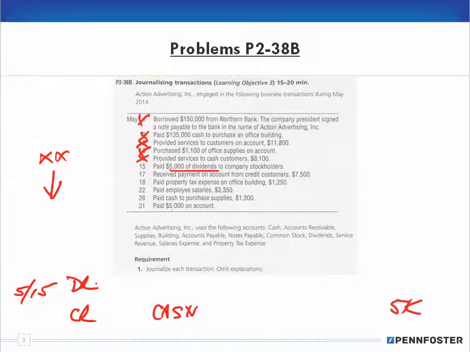Debits have to equal credits, so I have to debit something else, and I'm paying dividends to the stockholders. If I'm looking in my equity section, I only have two accounts. One of them is dividends.